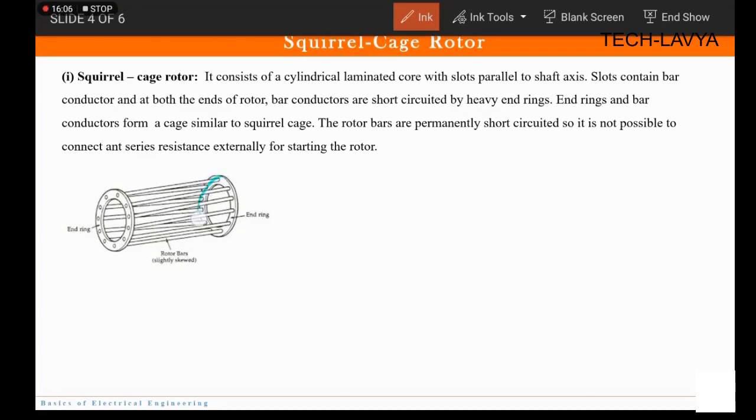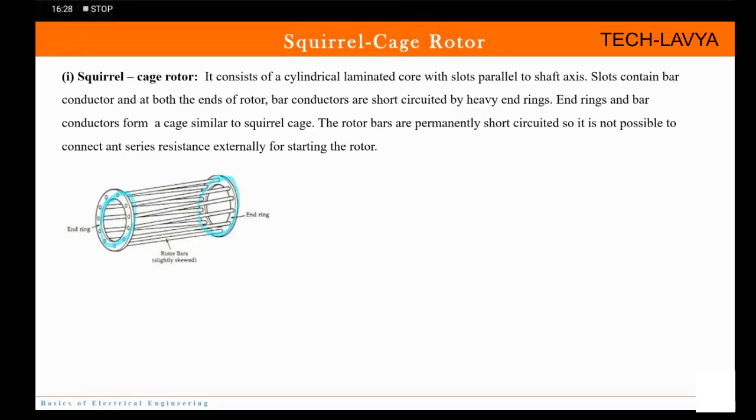So you can very well see that these are the heavy end rings. So they are short circuited. What does that mean? That they are connected together. And since these are made up of conductors, obviously I would say that those are short circuited. Fine. So end rings and bar conductors form a cage similar to a squirrel cage, and that is why the name given is squirrel cage rotor.